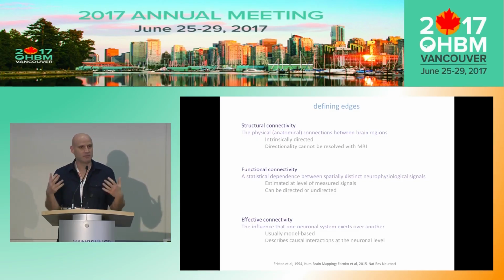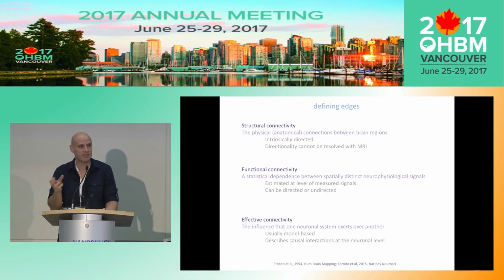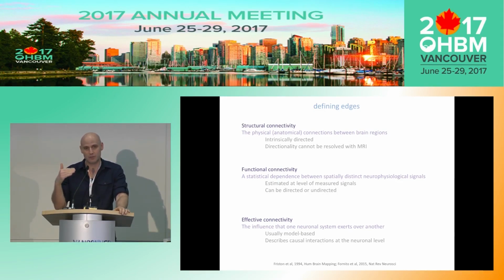And so a famous or common framework for doing this would be something like DCM, dynamic causal modeling. And in this case, we are looking at directed interactions. The main distinction between effective connectivity and directed functional connectivity is that directed functional connectivity is estimated at the level of measured signals, whereas with effective connectivity we're trying to make inferences about neuronal interactions.